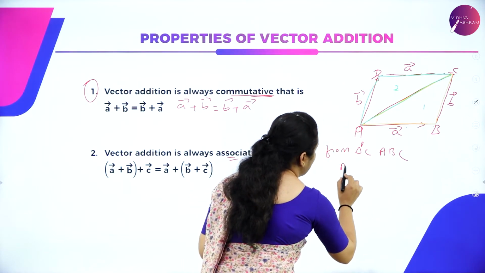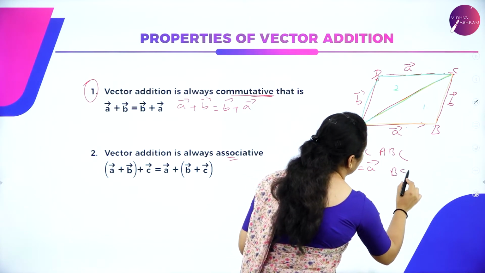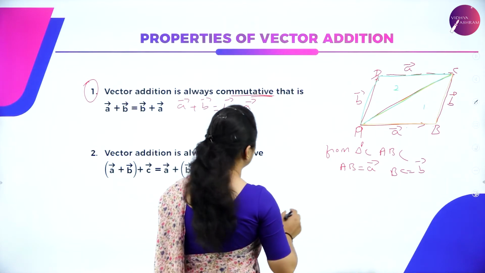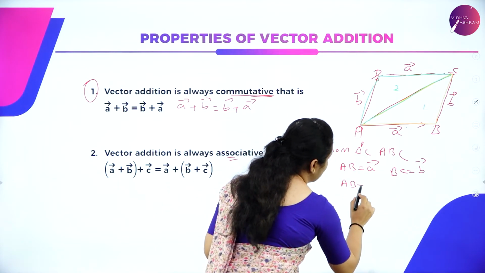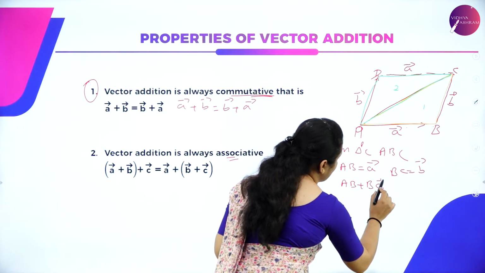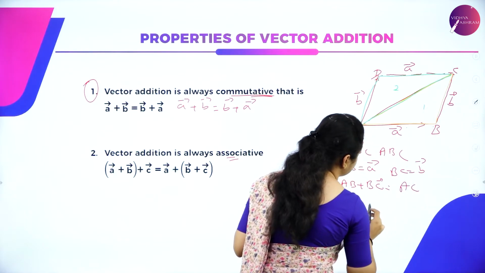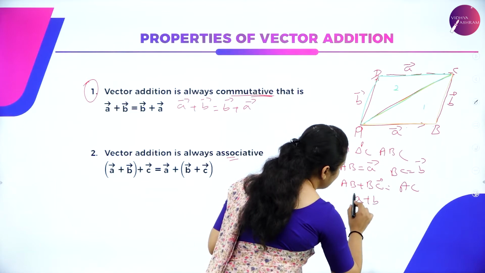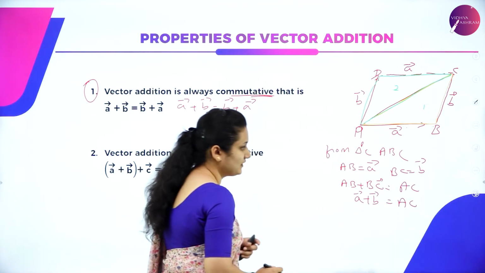So from triangle ABC, AB is represented by vector A and BC is represented by vector B. So what is A plus B? AB plus BC will give you the diagonal AC. So A plus B is equal to AC.